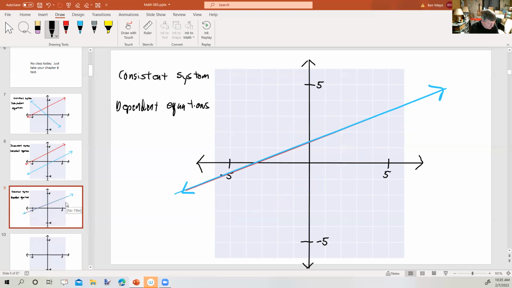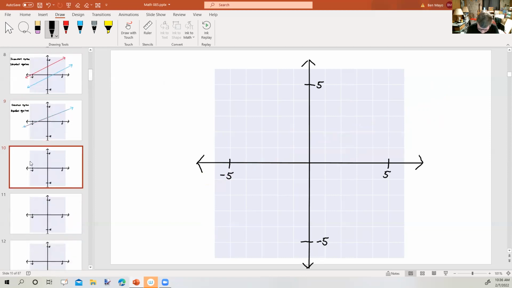All right, so what we're going to look at now is some systems of equations that we're going to solve by graphing. Let's see here. So let's go to a new rectangular coordinate system. It says solve each system of equations by graphing. All right.